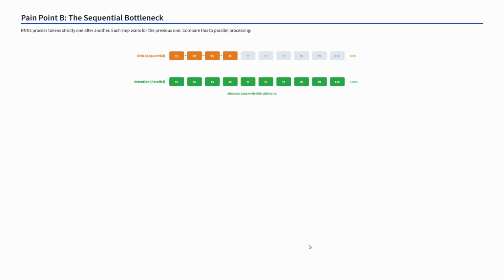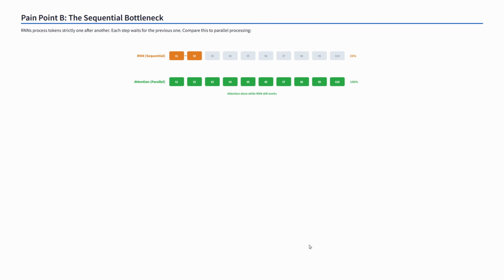Now, here is a second structural problem. And honestly, from a practical standpoint, this one might matter even more. Watch the two rows in this animation. The top row is the RNN, the recurrent neural network. Token 1 is processed, then token 2, then token 3, one after the other.